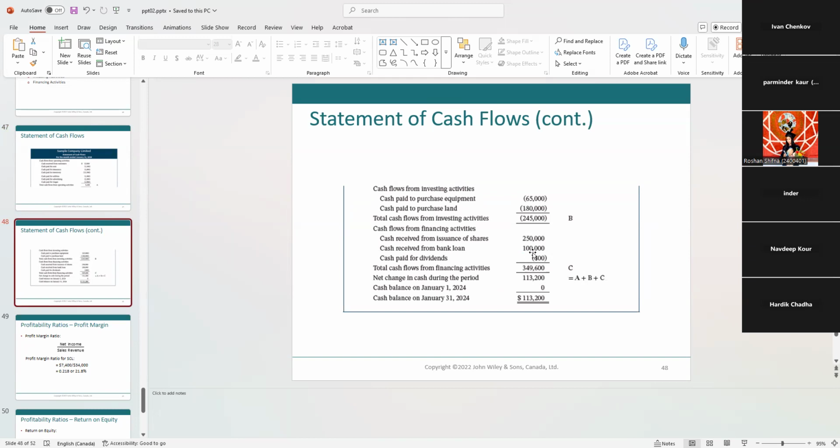From the bank, we borrowed $100,000. We paid a dividend of $400. So in total, we raised capital of $349,600. And that explains the net change in cash, how the cash moved from zero on January 1st all the way to $113,200.